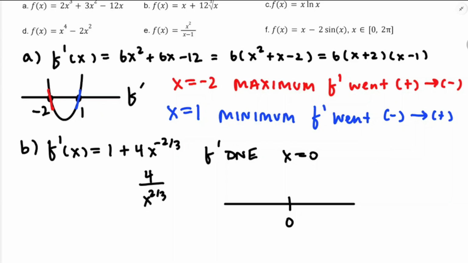Yeah, okay. I think it's going to be neither a maximum nor a minimum, though. Because x to the 2/3 is going to be squaring the cube root of something, so we're squaring it, and it's going to be 1 plus 4 times a thing that's squared. So these will both be positive, and x equals 0 is neither. F prime had no sign change.